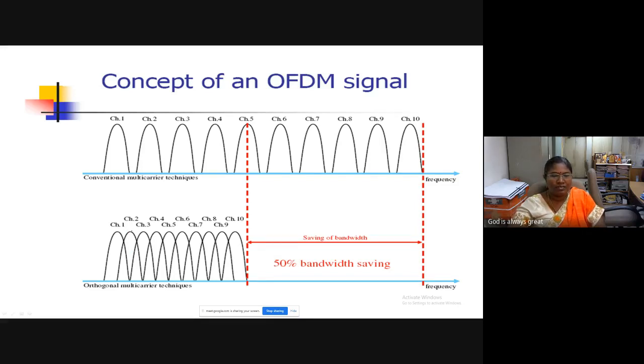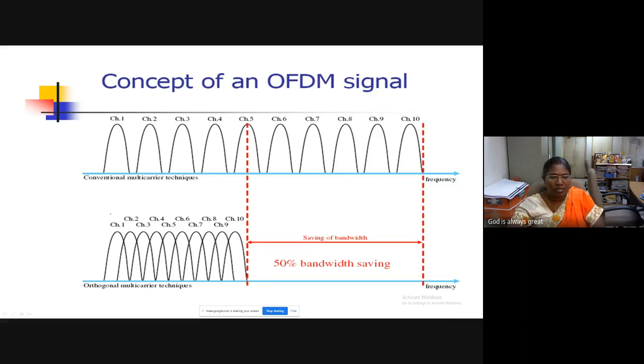Channel 1 has its peak when all other channels are zero. Channel 2 has its peak when all other channels are zero. Channel 3 has its peak when all other channels are zero. Once you allocate the carrier frequencies in this manner, you are imbibing orthogonality between the carriers.